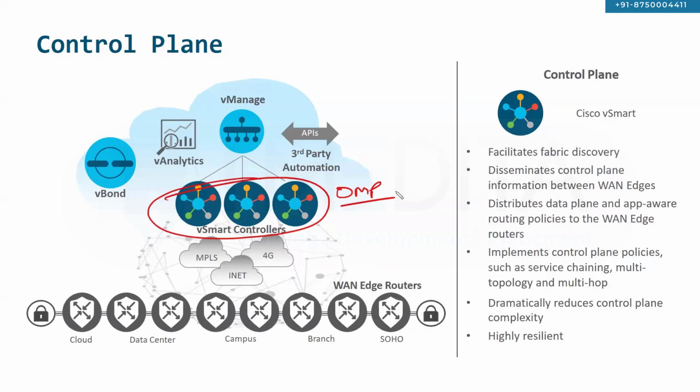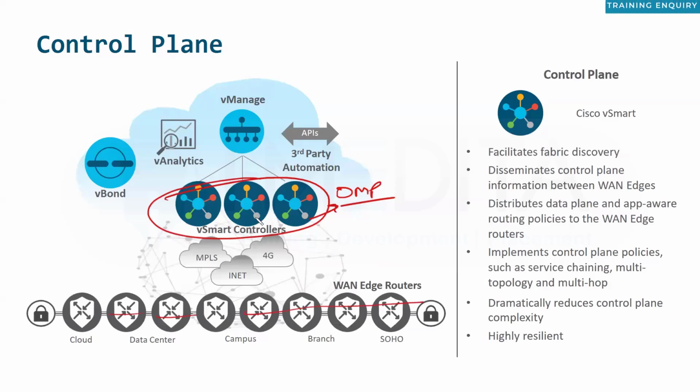We don't call it overlay routing protocol, we call it overlay management because it's managing the overall overlay network. So it does not only perform routing, but the vSmart controllers will have the OMP database, and once they have it, they can select the best path and advertise that best path information to the managed routers, right?